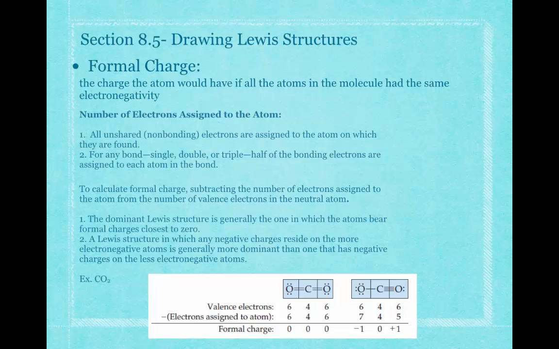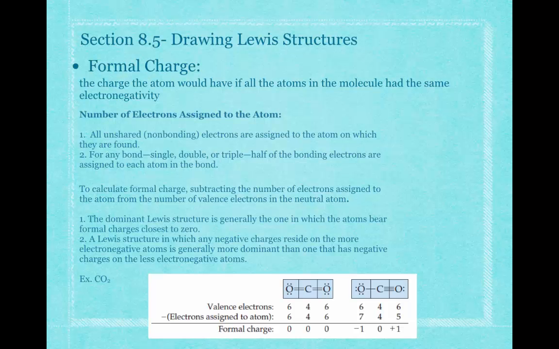For carbon, I still have 4 valence electrons, and I've got 4 electrons assigned from the bonds, therefore my formal charge is 0. And then on the right-hand side oxygen, I have 2 pairs of unshared electrons, and then 3 bonds, therefore I have a total of 5 electrons that are assigned to the atom, and therefore my formal charge is +1.